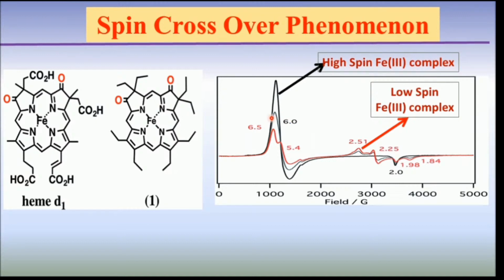The g value, this peak, the black one, corresponds to high spin. On adding a ligand, imidazole for example, it is converted into a low spin complex. The high spin complex is converted to a low spin complex. The spin conversion can be studied using an ESR, EPR spectrum.